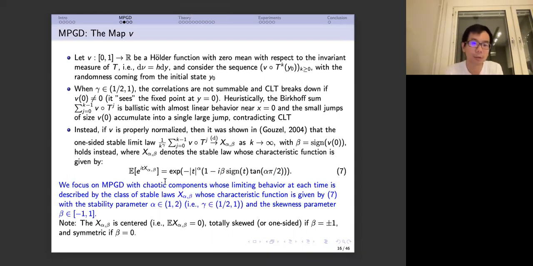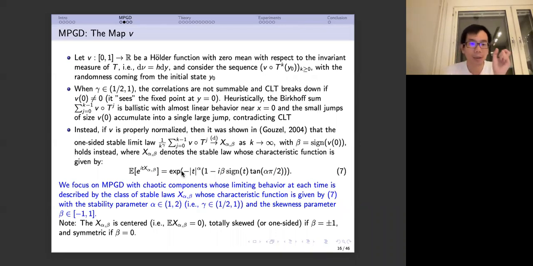Here we are going to focus on MPGD with chaotic components whose limiting behavior at each time is described by this class of alpha stable law, whose characteristic function is given by this equation here.